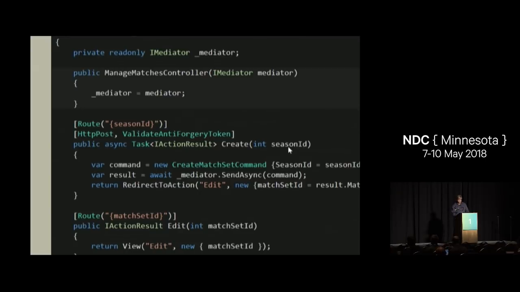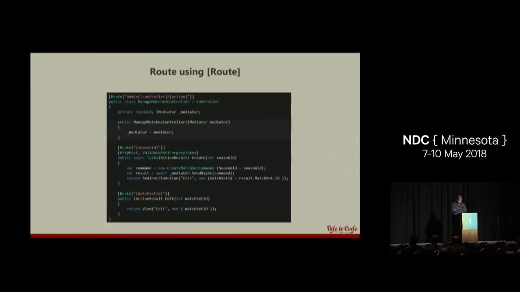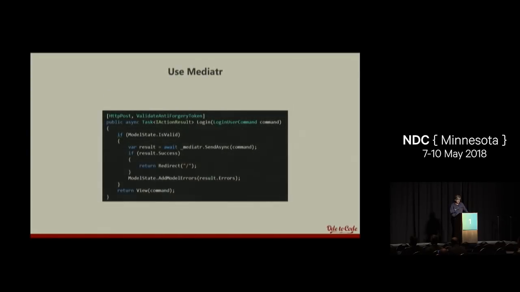So instead of having an ID, because I'm just being lazy and relying on the conventional route defined inside of startup.cs, I'm actually thinking, this is a season ID versus a match set ID, and my actions become a little bit clearer to me. So I encourage you to use the route attributes and throw away the other forms of routing.